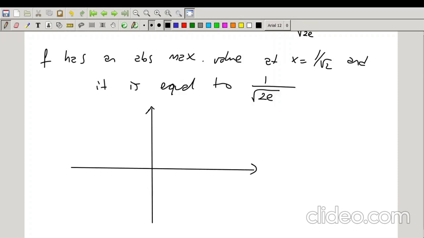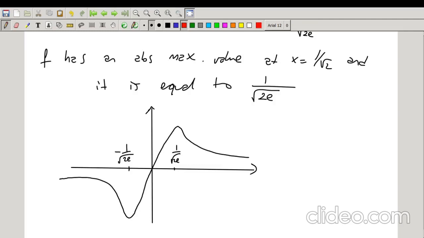Somewhere here we have minus 1 over square root of 2e, here we have 1 over square root of 2e, and the graph comes from minus infinity, goes up to that point, then it decreases.